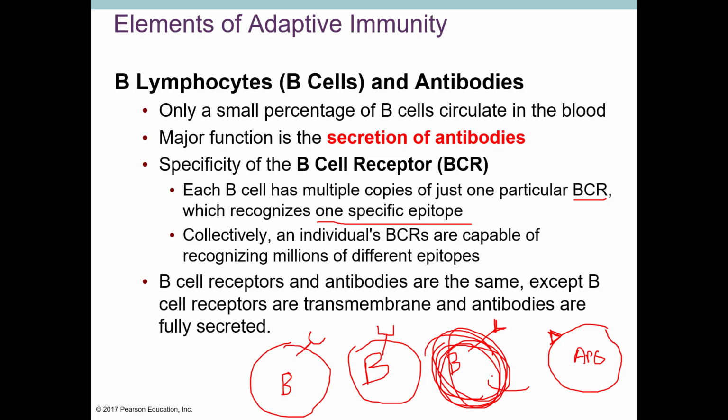But the B cell needs the T cell to help with the activation. These other ones would not be activated. They don't die, they just don't proliferate. And so when one of them proliferates, you get thousands and thousands of these cells, all having the same receptor, which is specific for the correct epitope.